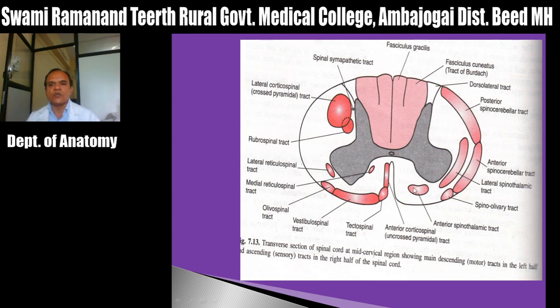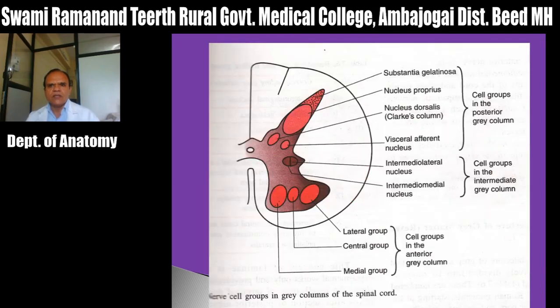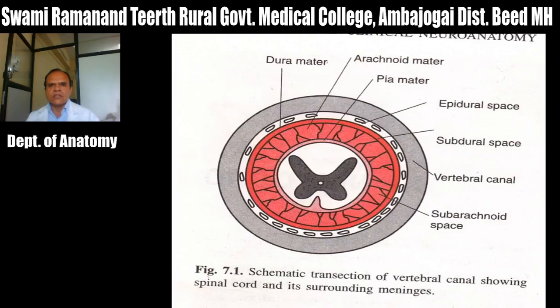And the various groups of ascending tracts and descending tracts are located here. We'll see these ascending and descending tracts in the next lectures, but in order to have a gross idea, here I have shown you. Right. So this is about the spinal cord.